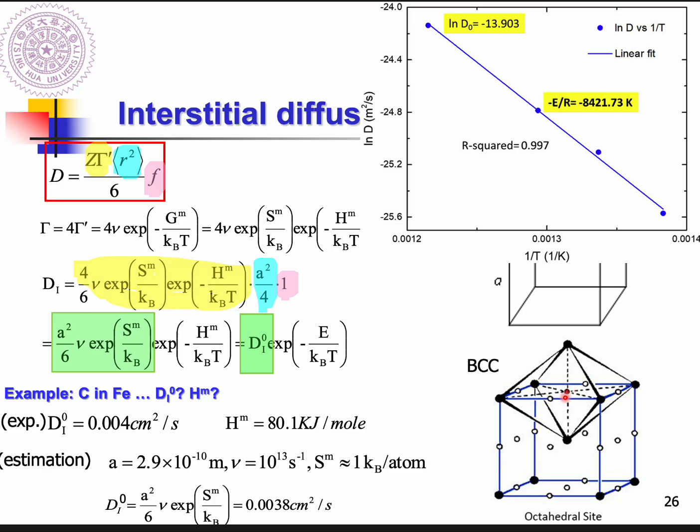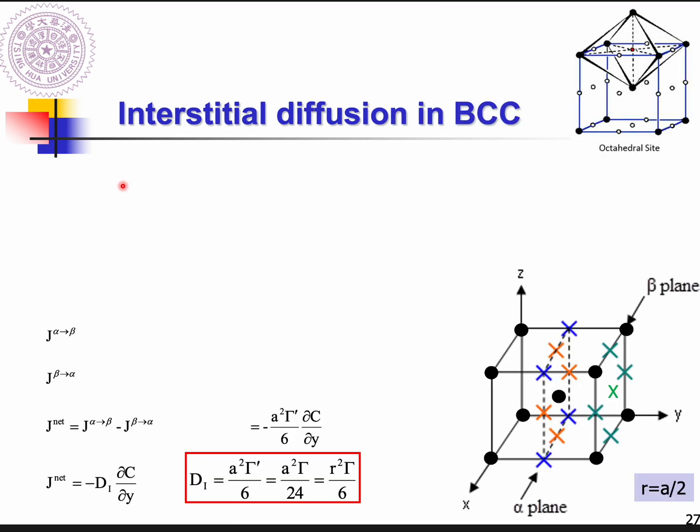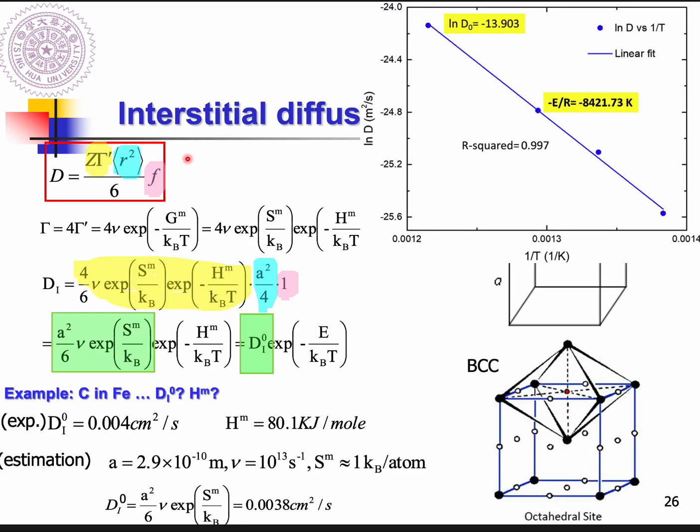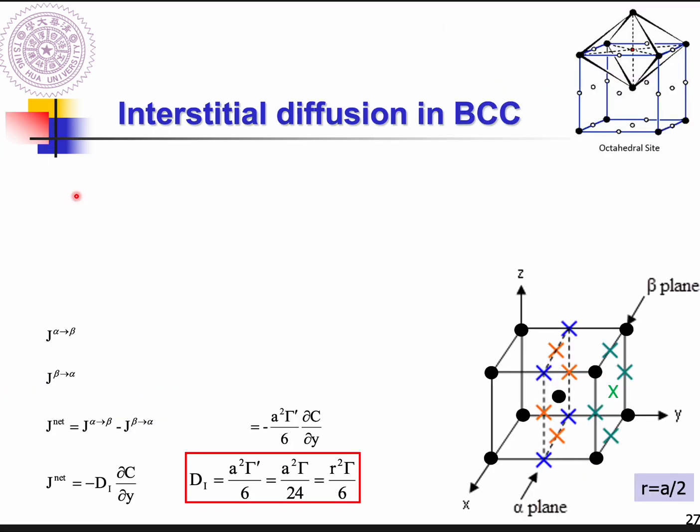Because you can expect that the solute atom diffuses through the crystal, right, through interstitial sites inside the crystal. So can we have another approach to get the diffusivity by using Fick's first law? Next I'm going to show you how we can get the diffusivity by using Fick's first law instead of using the equation we derived in the first section.